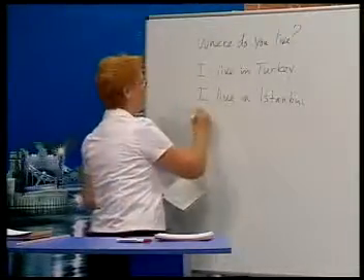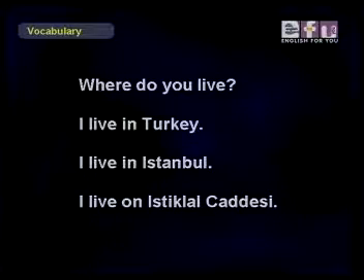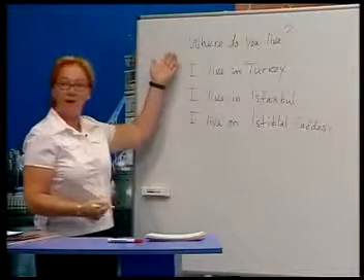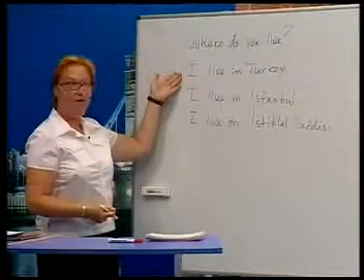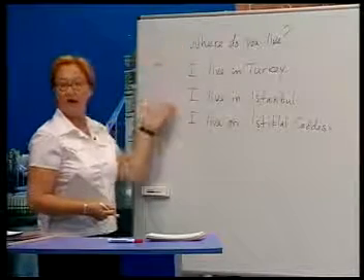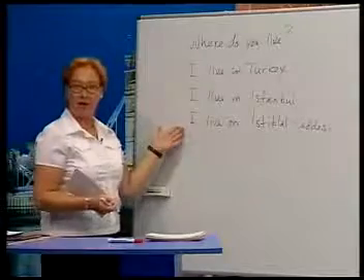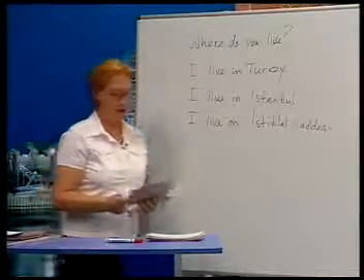Or, I live on İstiklal Caddesi. Where do you live? I live in Turkey. Where do you live? I live in Istanbul. Where do you live? I live on İstiklal Caddesi.